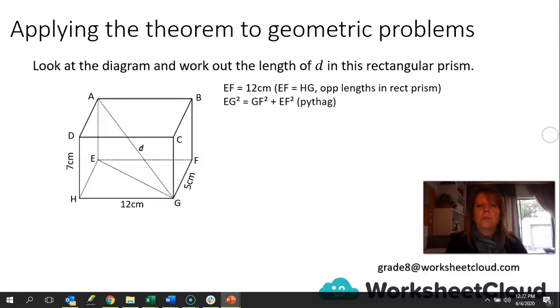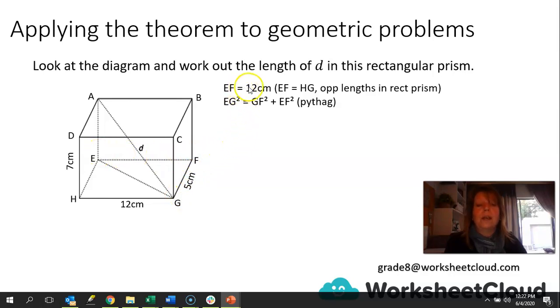Right, the next thing we're going to do is work out EG, because that's important for our next triangle that we have to work with. So EG happens to be our hypotenuse. EG squared is equal to GF squared plus EF squared.